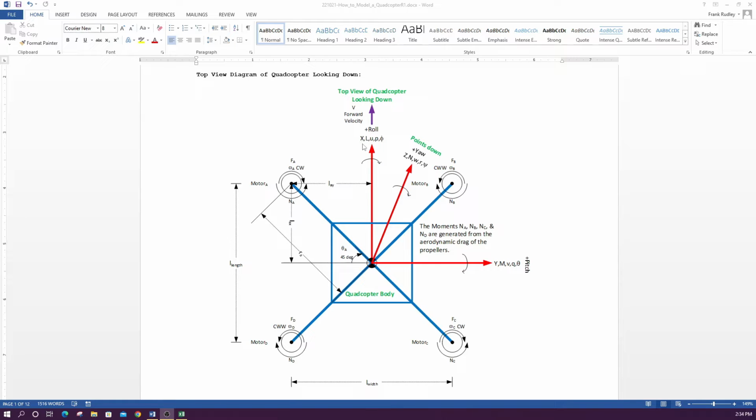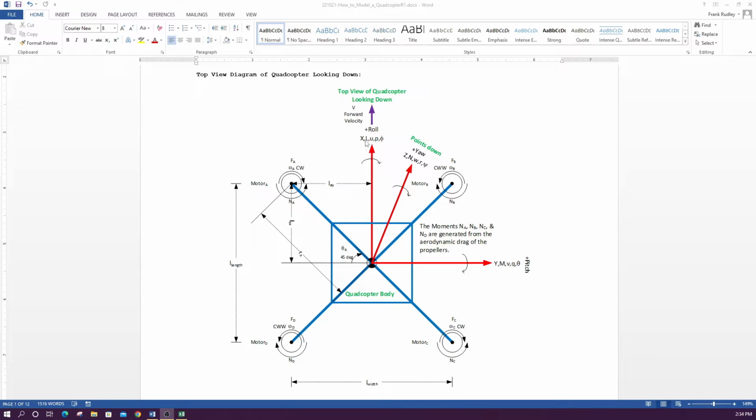On the x-axis we have these parameters X, L, U, P, and phi. X represents the x force. That would be the driving force that causes the forward motion of the quadcopter. L would be our roll moment, where positive is rolling to the right, using the right hand rule.